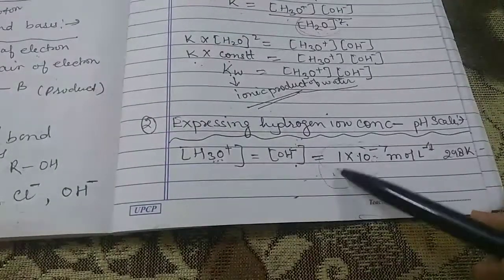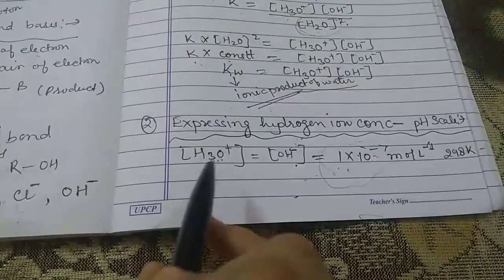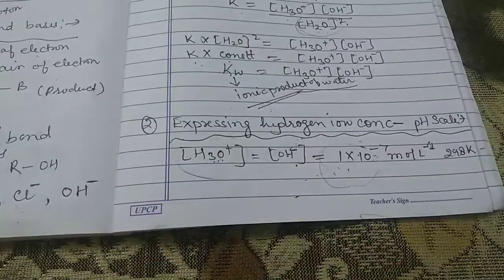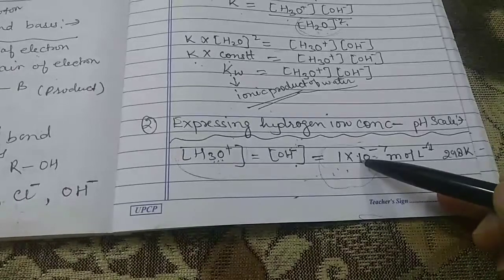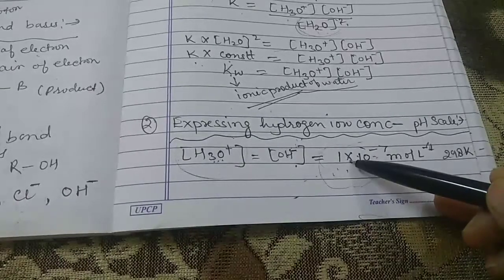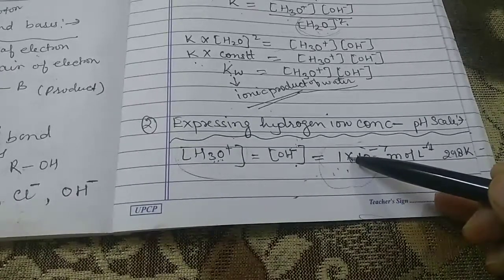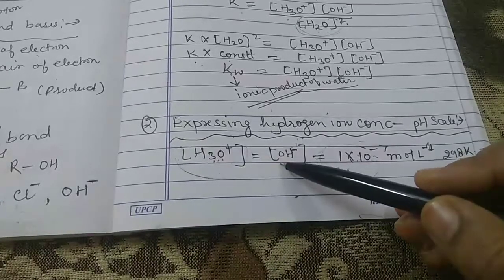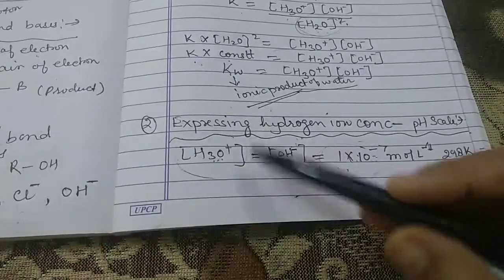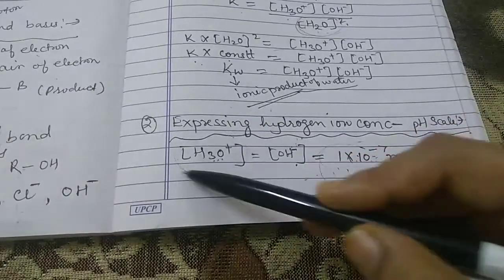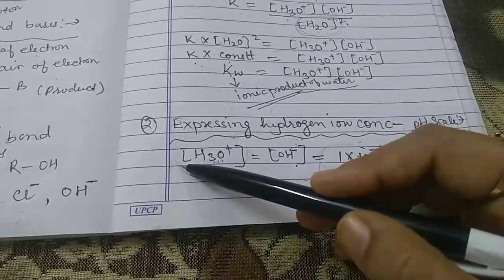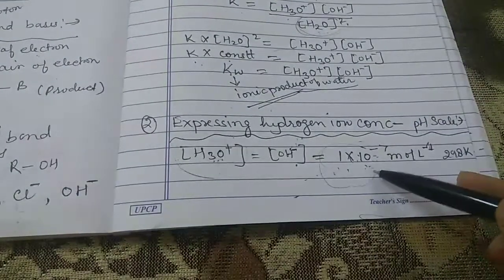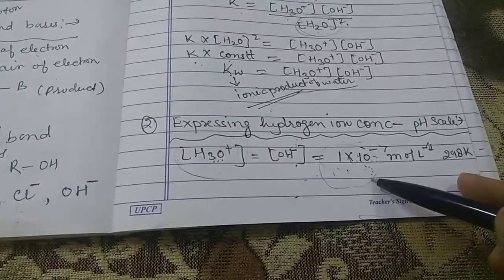And in the same way, the solution is basic when the concentration of hydronium ion is less than 1 multiplied by 10 to the power minus 7 mole per liter.